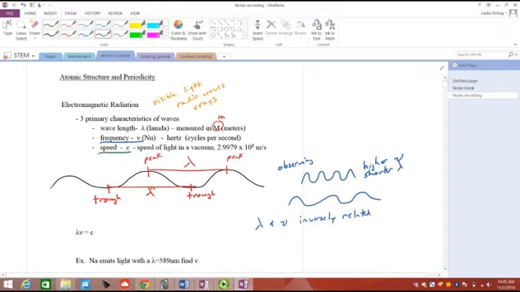Now, all electromagnetic radiation also has a speed, and they all travel at the same speed. And it is the speed of light in a vacuum, which is 2.9978 times 10 to the 8th meters per second. Sometimes you just see it as 3, depending on the number of significant digits that you need.